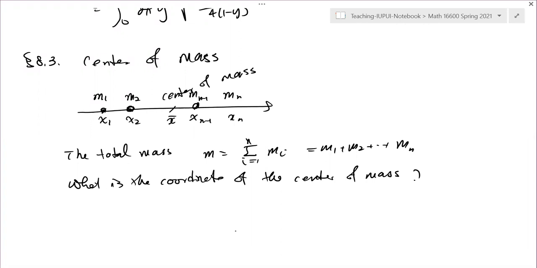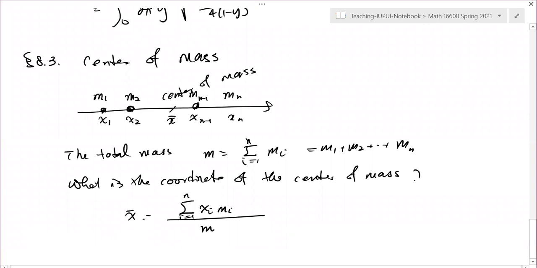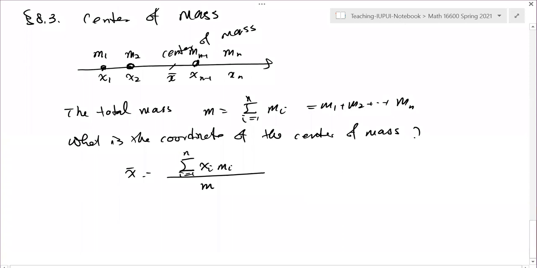The formula for the center of mass is called the weighted sum: sum from i equals 1 to n of xi mi, divided by the total mass. It's a little bit difficult to explain if you have too many points here. This gives you the coordinate of the center of mass.